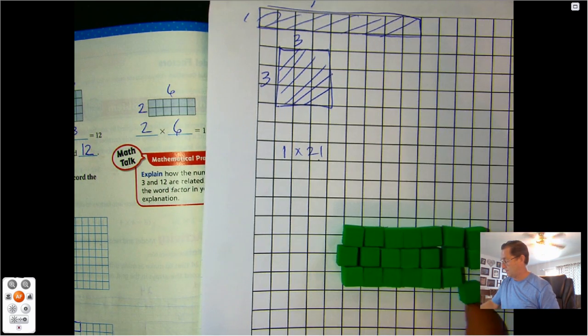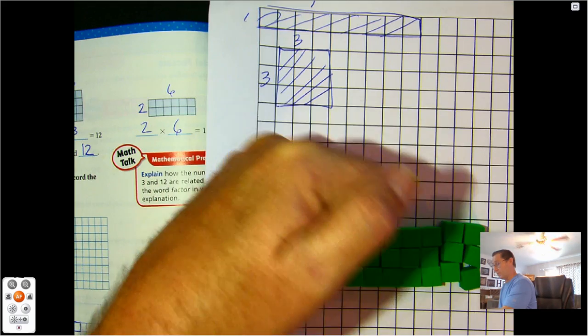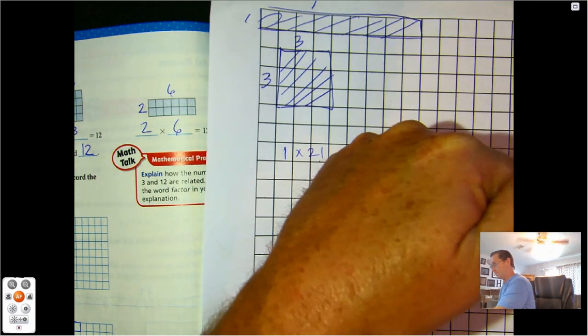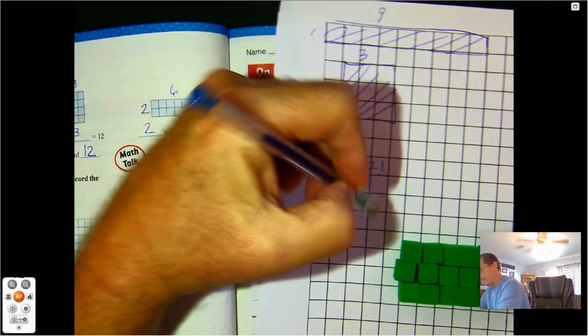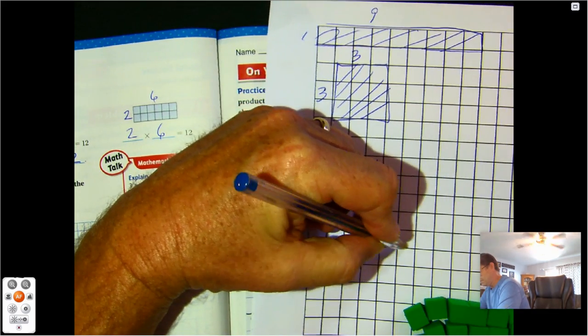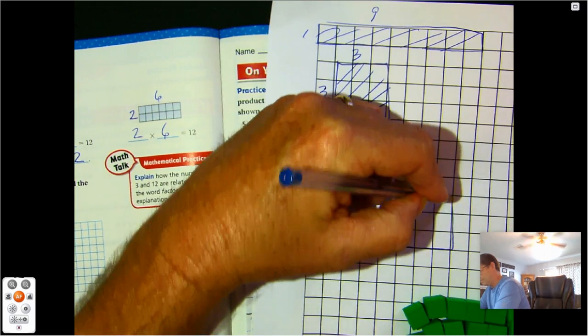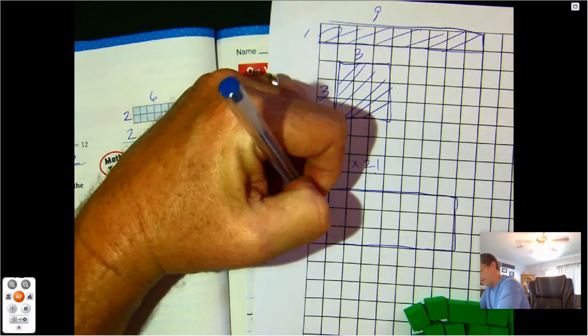So we have 3 rows of 7. And 3 times 7 is 21.